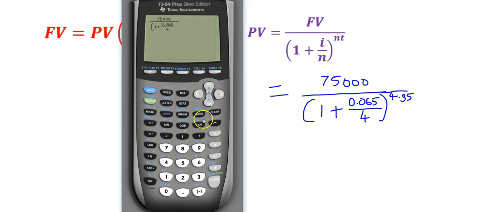Come out of the fraction, close the parenthesis and go to the exponent, and then it is 4 times 35. It is better to use the parentheses. In this particular case, even without parentheses you get the same, but I prefer this. 4 times 35, close, come out of that exponent, out of the fraction, hit enter. Yeah, this is your answer.